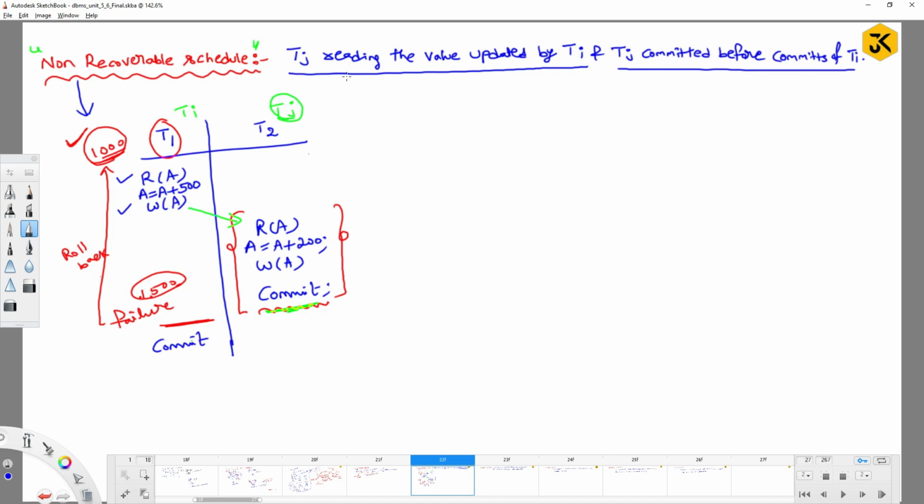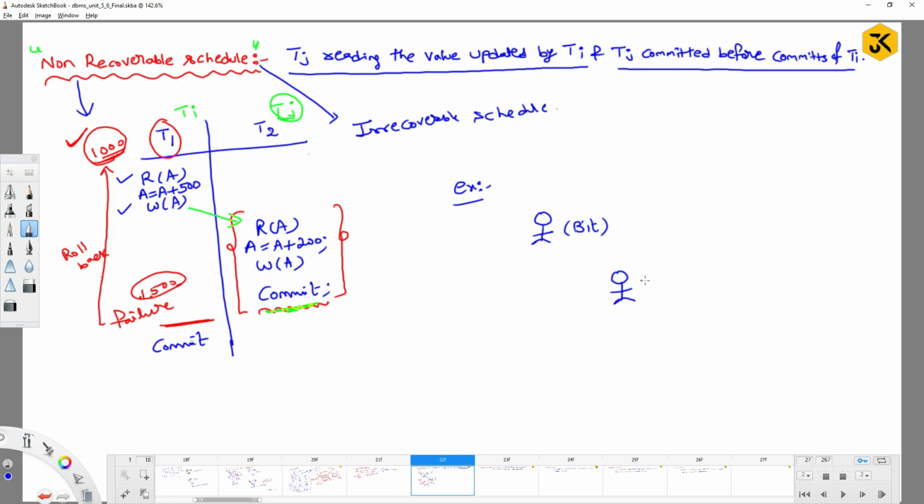Okay, now, this kind of schedule we can call an irrecoverable schedule also. I think I have given one example, right? Basically, when you are in the exam hall, your friend has written the exam with some kind of bit paper. Another friend has copied the same bit paper.